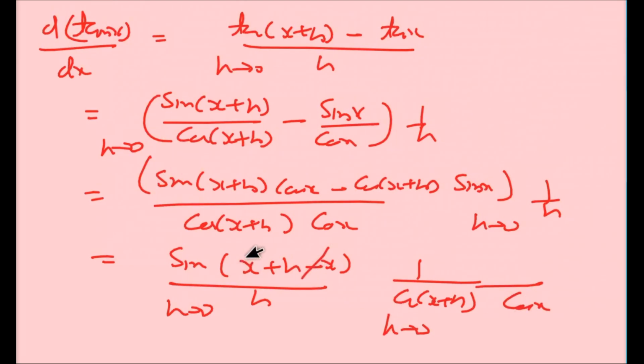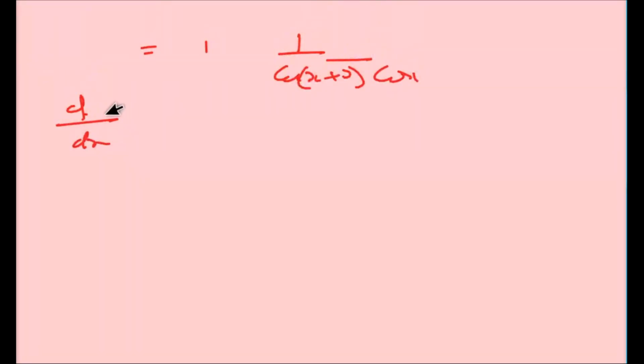So we are getting sin theta upon theta equal to 1. So it is 1 and 1 upon cos(x plus 0) into cos x. So the differential of tan x is sec square x, equal to 1 upon cos square x.